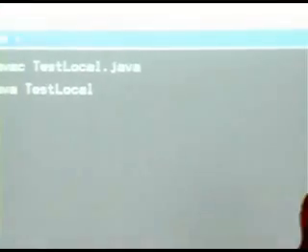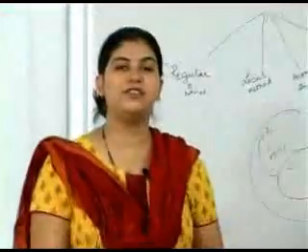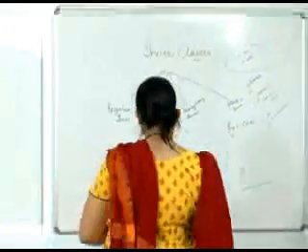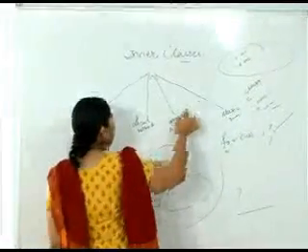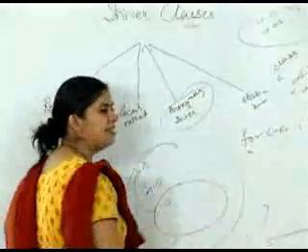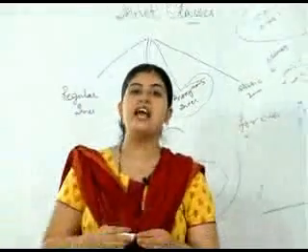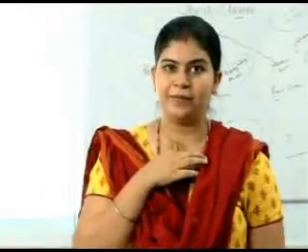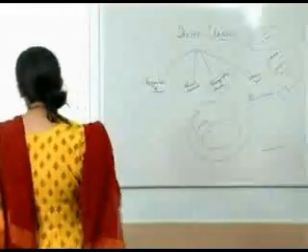Now the third variety of the class is called your anonymous classes. Now what do you mean by anonymous class? A class which does not have a name is called an anonymous class. Now here, when we are declaring classes, what is the name of this class?